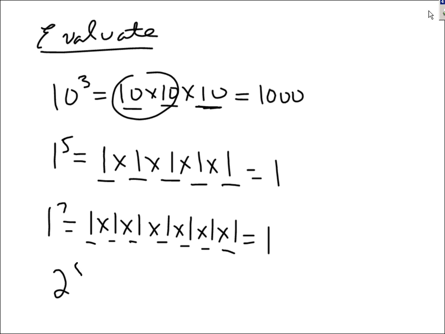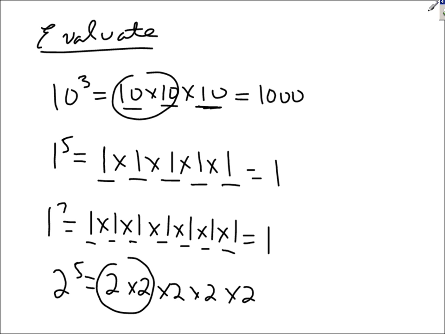If you needed to do 2 to the 5th, 5 times I multiply 2. You can go 4 times 4 is 16. Now you may not know what 16 times 2 is, because that's beyond the 12 times 12 table. Don't run for your calculator.